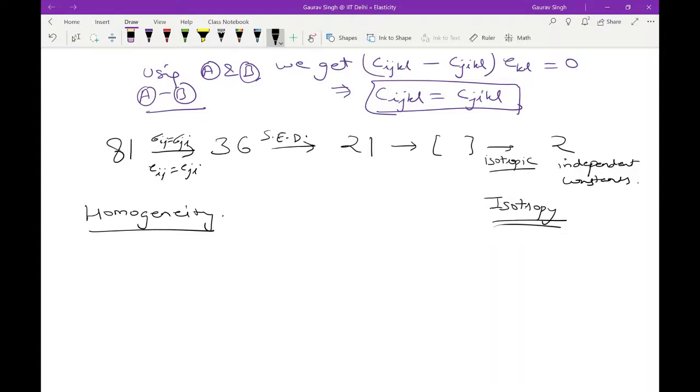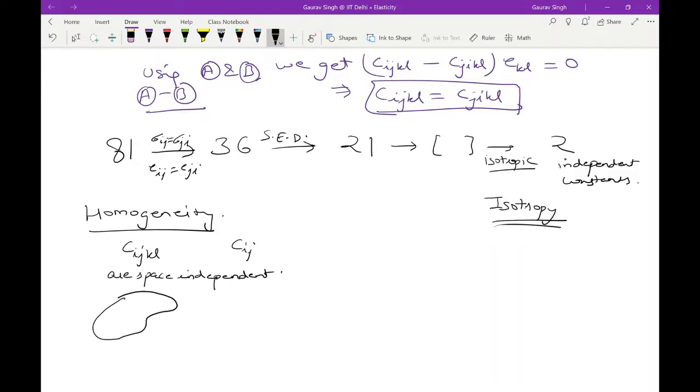Material homogeneity means that the elasticity tensor, or Cij, whichever way you would want to call it, this is in the 9 by 9 format, the other is in the 6 by 6 format, both of them are space independent, meaning they do not differ from point to point.